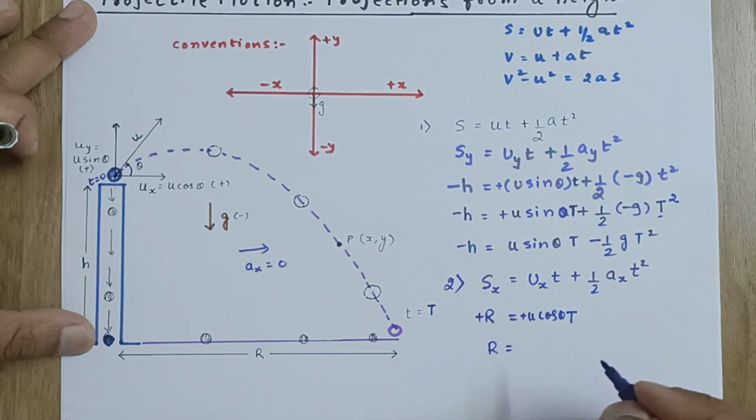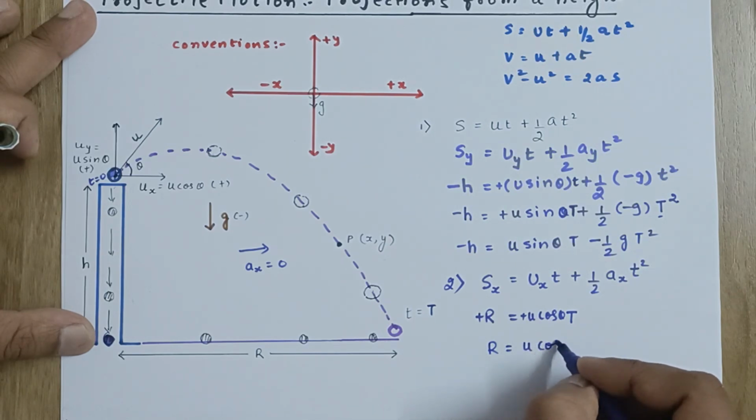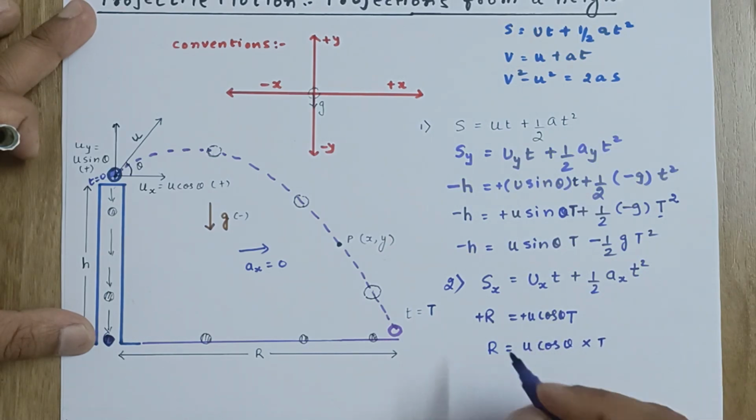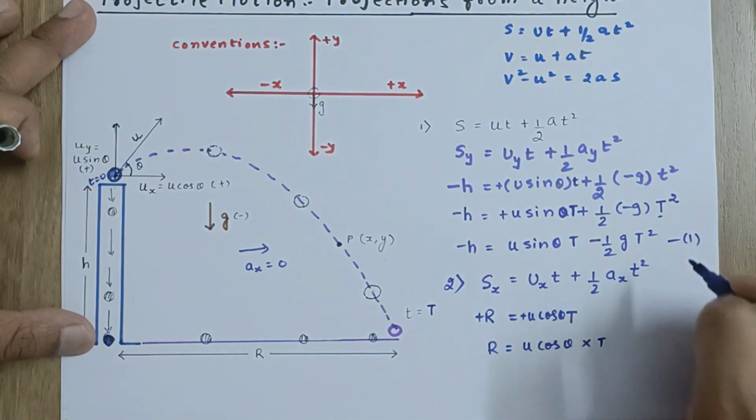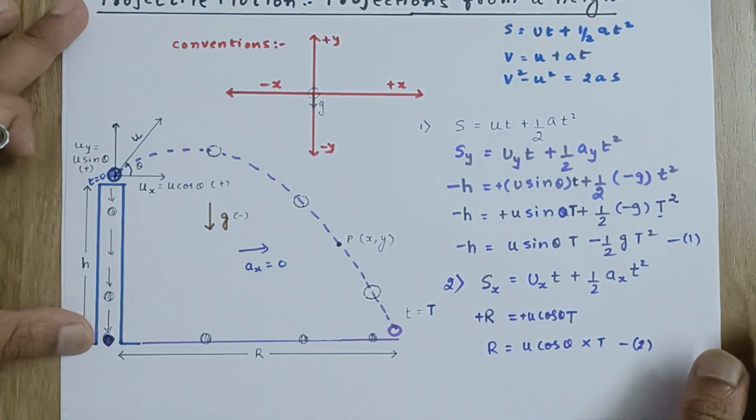So the final equation is range is equal to u cos theta times T. So this is your first equation. This is your second equation.